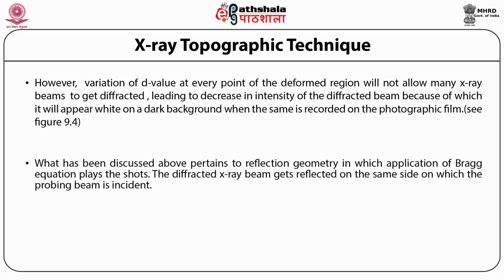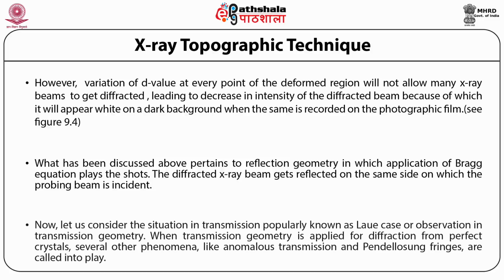What has been discussed above pertains to reflection geometry, in which application of the Bragg equation plays the main role. The diffracted X-ray beam gets reflected on the same side on which the probing beam is incident. Now let us consider the situation in transmission, popularly known as Laue case or observation in transmission geometry.